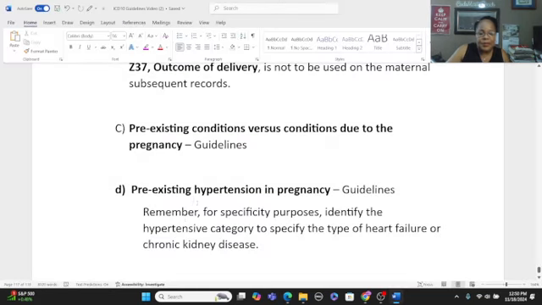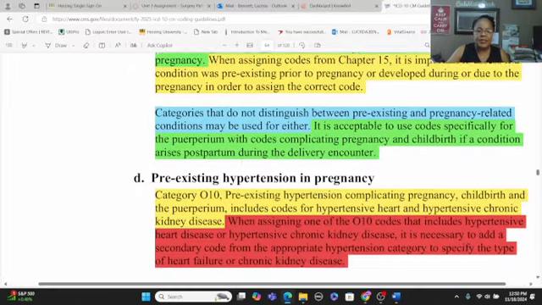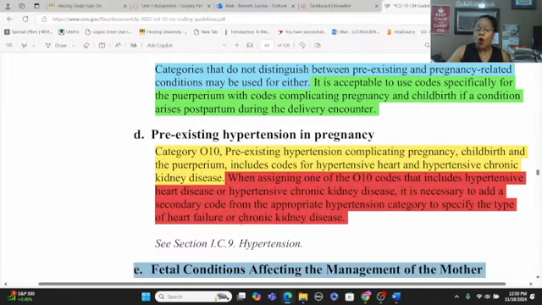And D, let's go to pre-existing hypertension in pregnancy. It says go to the guidelines. So D just says category O10, pre-existing hypertension complicating pregnancy, childbirth, and the puerperium, includes codes for hypertensive heart and hypertensive chronic kidney disease.